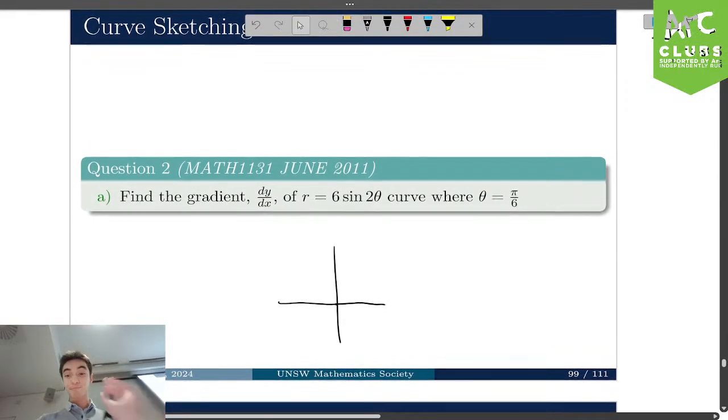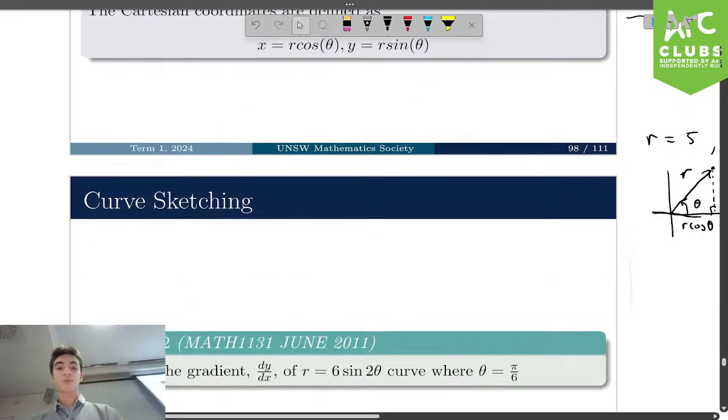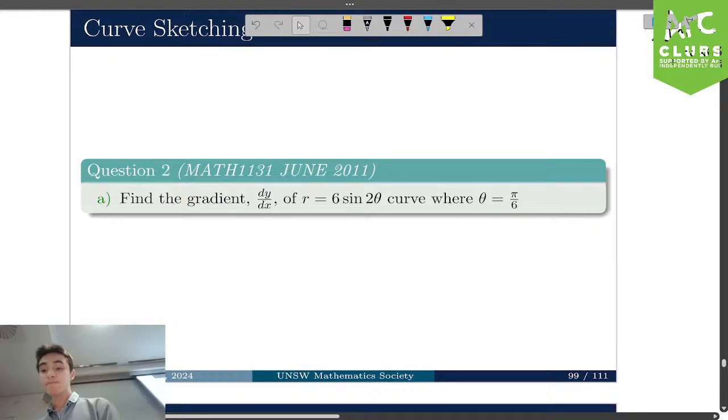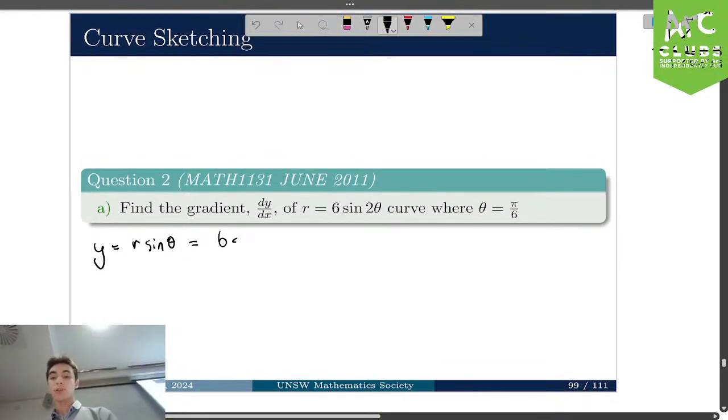But basically, we want to break this down into the individual x and y components to actually find this gradient dy on dx. So from this result that we have up here, y is just r sine theta, and that equals 6 sine 2 theta multiplied by sine theta.